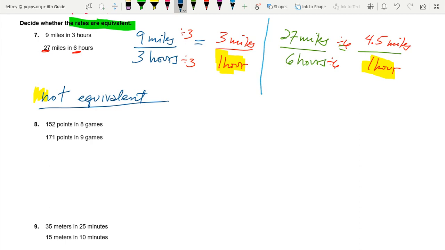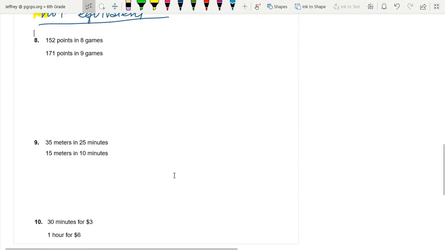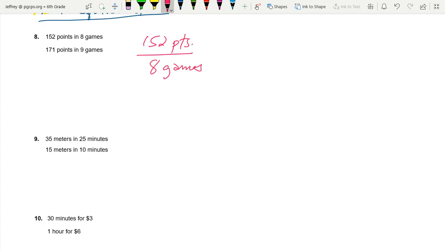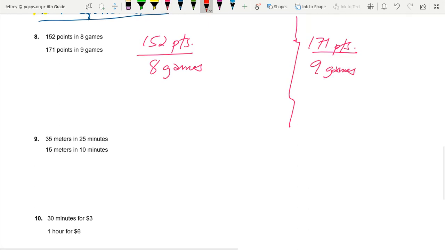Now, number 8. So for number 8, we got 152 points in 8 games. And the other one would be 171 points in 9 games. Now let's compare the unit rate. Okay, make it easier.